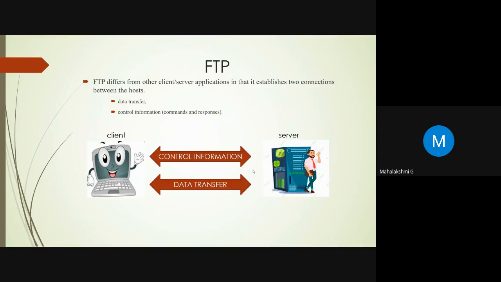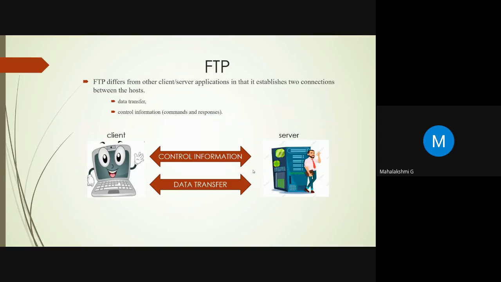The control connection uses very simple rules of communication. We transfer only a line of command or a line of response at a time. That is, we are not going to transfer both at the same time. Either you transfer a command or you receive a response.